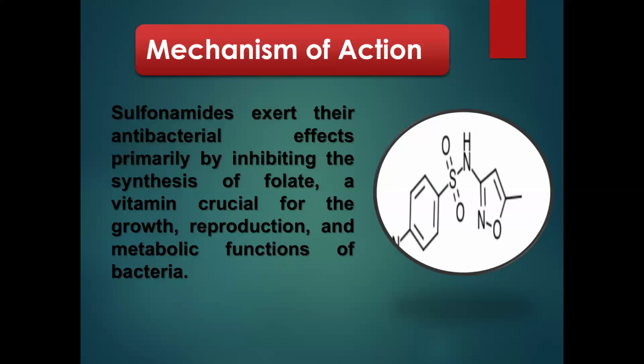Let's take it again. Sulfonamides exert their antibacterial effect primarily by inhibiting the synthesis of folate. And you know that folate is a vitamin that is crucial for the growth, reproduction, and metabolic function of bacteria.